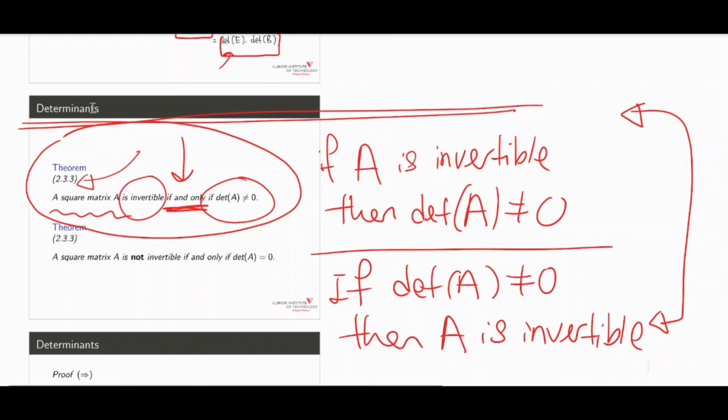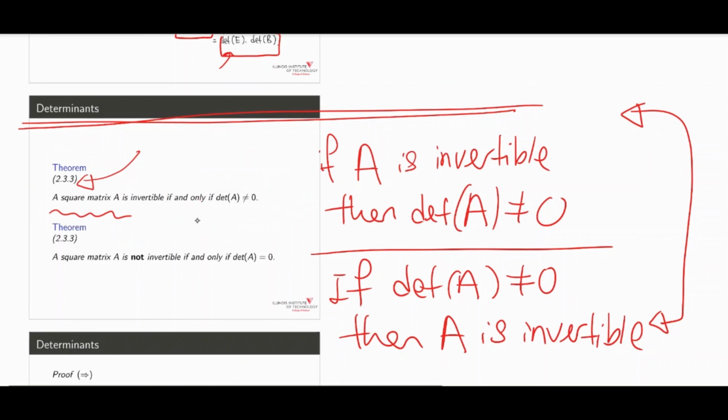That rarely happens. In math, it's the same thing. It rarely happens that you have a theorem that goes both ways, if and only if. And when you have that, oh my God, that's good. This is why I keep saying that the determinant gives you a complete characterization of the invertibility of the matrix. It goes both ways.